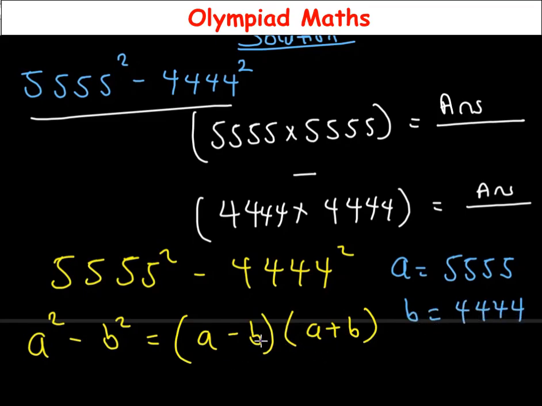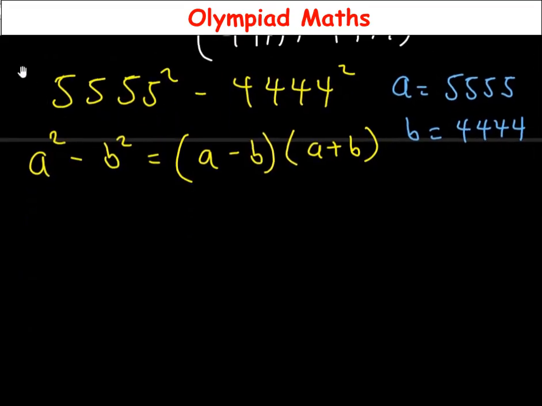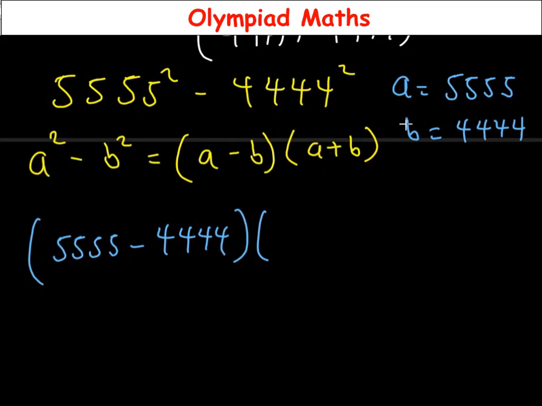So expanding this, in brackets, a is 5555, then minus b is 4444, then all multiplied by a, 5555, plus b, 4444.